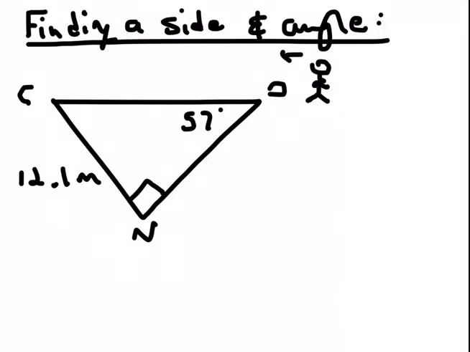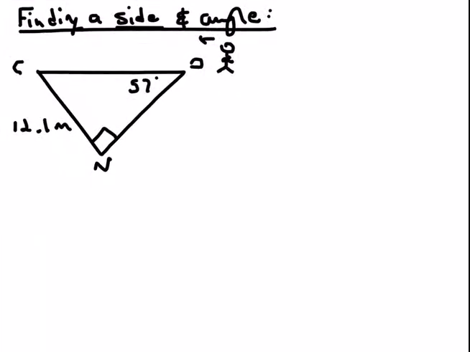So now they've specified, calculate the length of ON, correct to 2 decimal places. So that means you are trying to find the side of a given right-angled triangle. So again, it's always important to be able to name your sides. You cannot do anything without naming your sides.